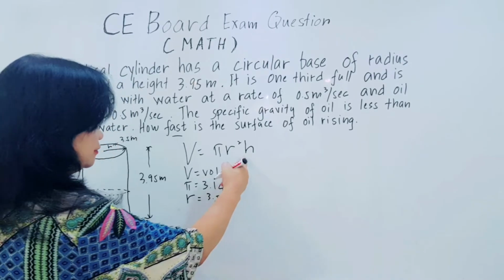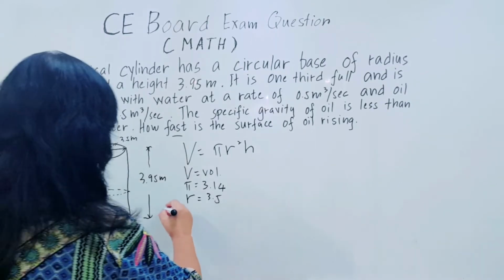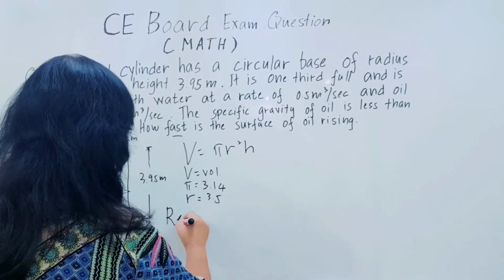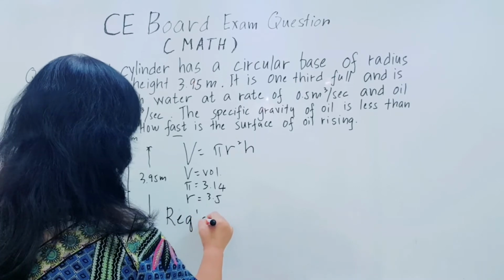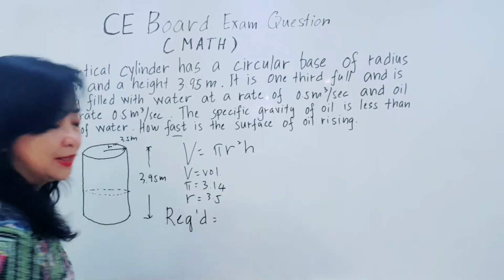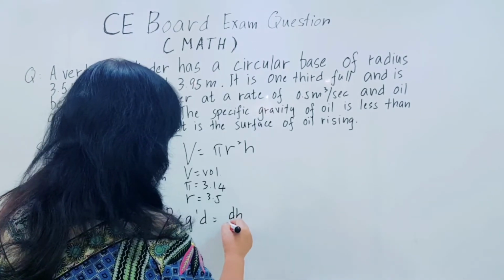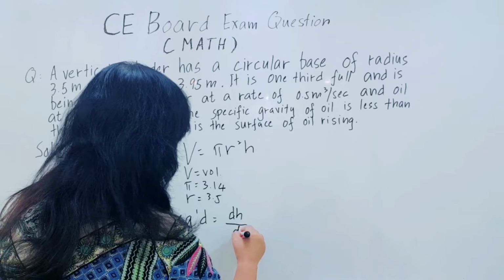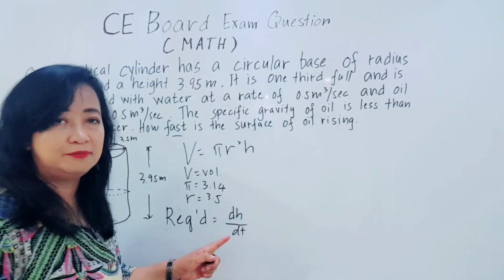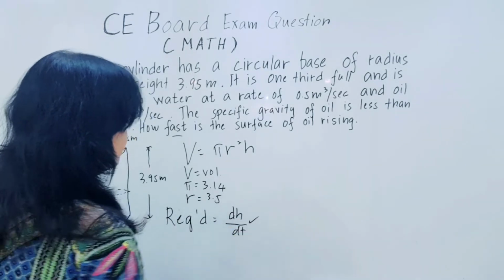And the height, of course, is unknown. So what is required here is how fast the surface of oil is rising, which means the rate of change of the height with respect to time, the derivative of h. So this is the one we're looking for.